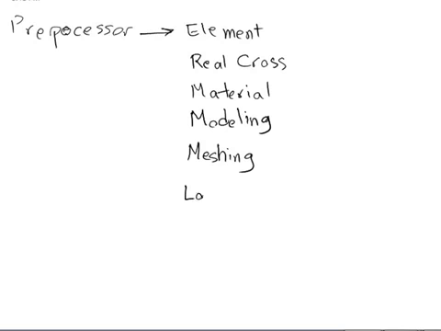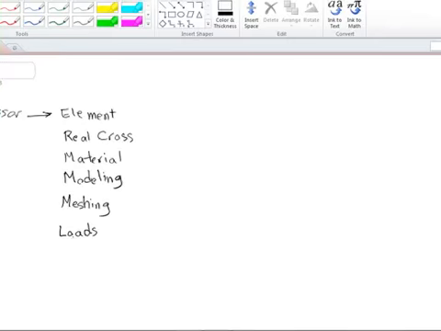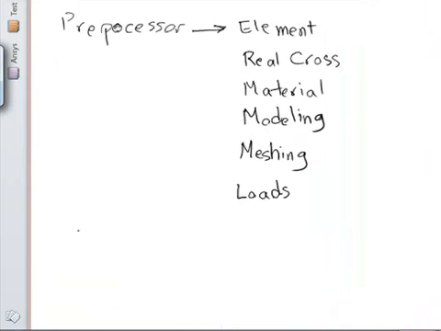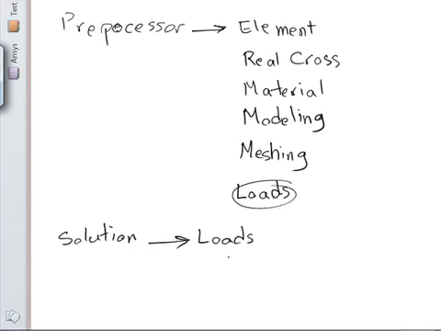And then you define your loads. This is the first step of doing a model in ANSYS. And the second step is called solution, which in this step also you can define your loads similar to this one here, and you can solve your model.